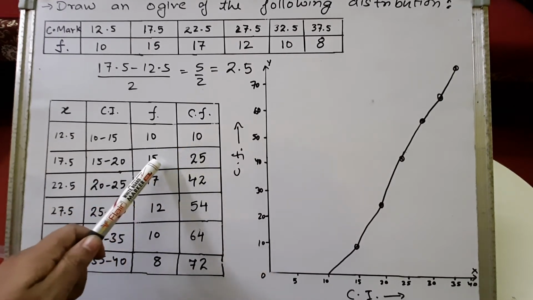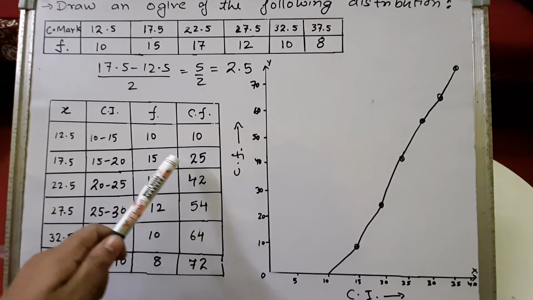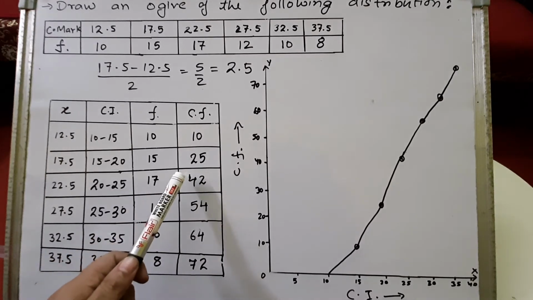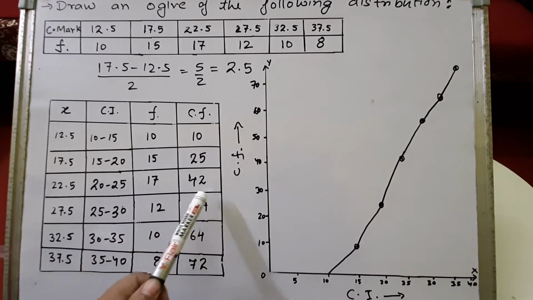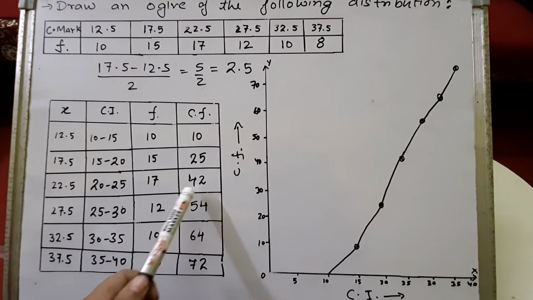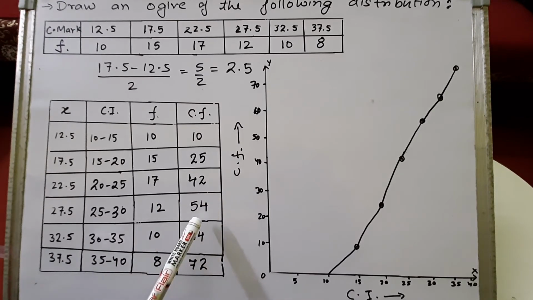Now 10 added to 15 becomes 25. This 25 added to 17 becomes 42. This 42 added to 12 becomes 54. 54 plus 10 is 64. 64 plus 8 is 72. So this is the cumulative frequency table for the given frequency table. We have calculated all the cumulative frequencies for the class intervals.